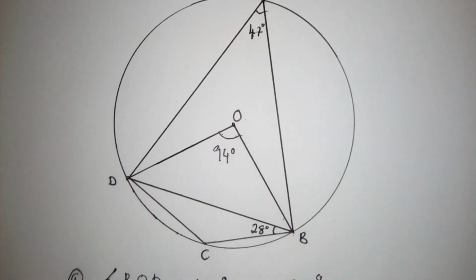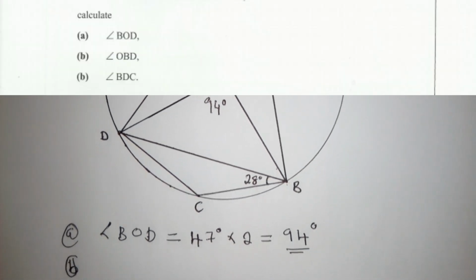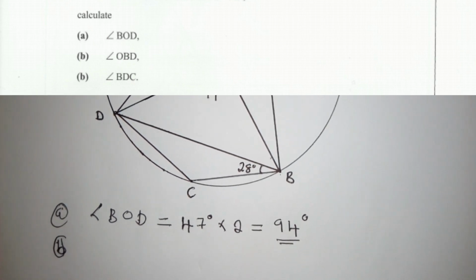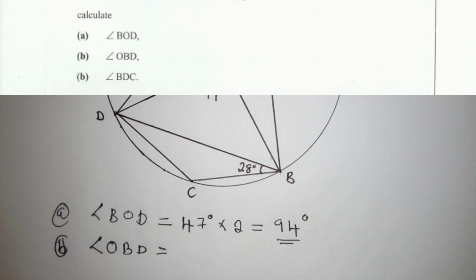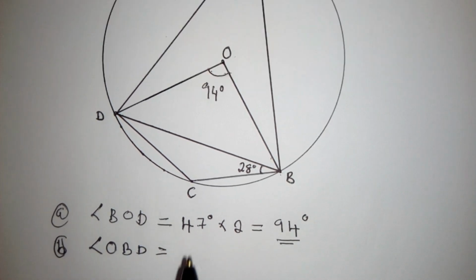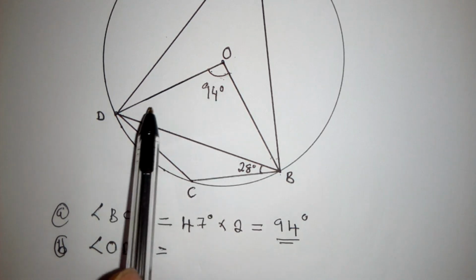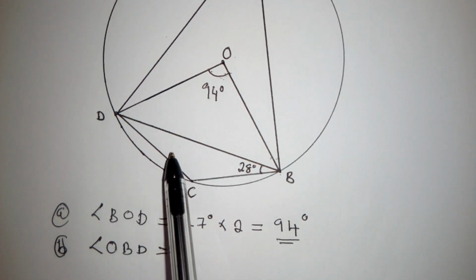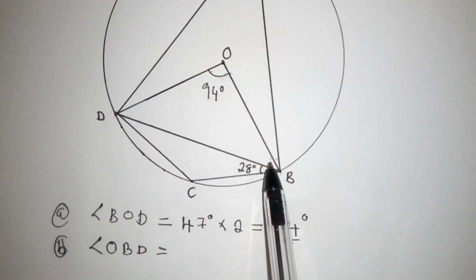We go to the next question, which is question B. For question B, they've said we calculate OBD. So how do you calculate OBD? For us to calculate this OBD, we need to understand that this is an isosceles triangle, this one here.